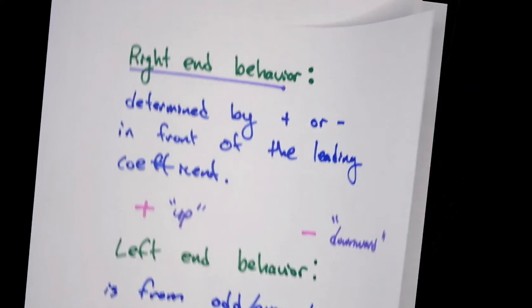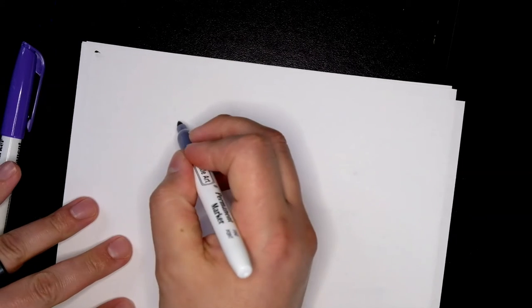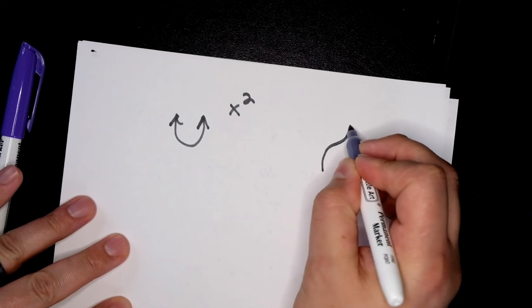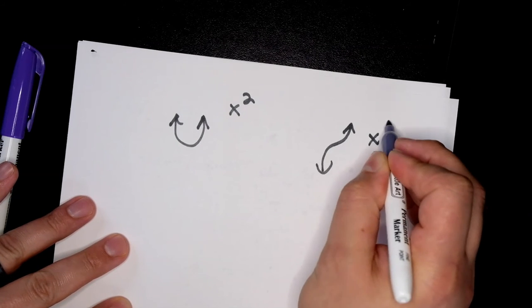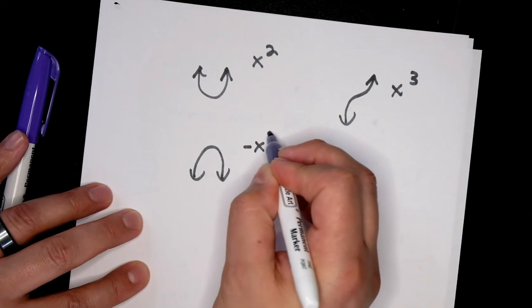So if I were a student taking this in the beginning, what I would do to help me remember when I go to a quiz or a test is I would sketch out those 4 graphs. I would say, okay, here's x squared. Here is x cubed. Negative x squared, I know, flips it like this.